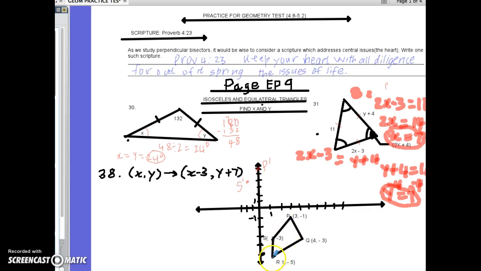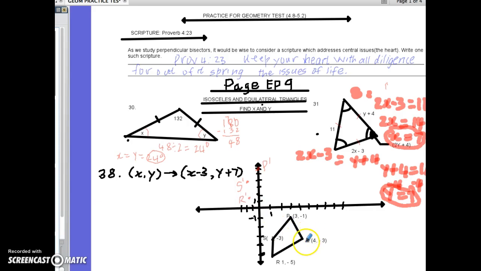Then we get to point R. It goes back 3, 1, 2, 3, and up 7, 1, 2, 3, 4, 5, 6, 7. Around about here. That's R for our image.